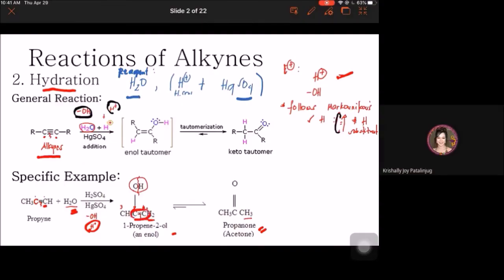This time the double bond is between carbon and oxygen. So again, an enol and a keto form are tautomers of each other.